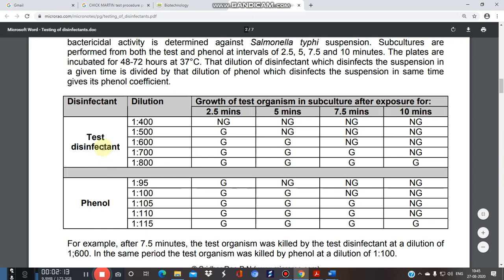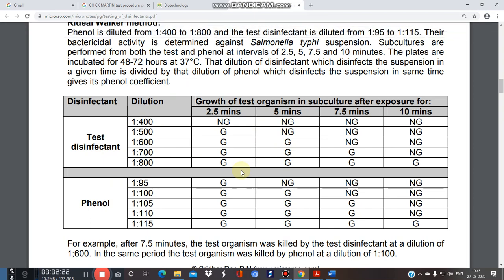And we will start adding our dilution into that culture media, and we will see the results, whether bacterial growth is okay or not, whether bacteria is killed or not at a particular time condition, that is 2.5 to 10 minutes. So see this.